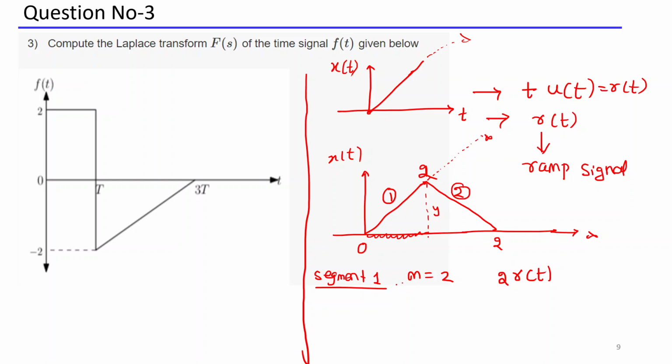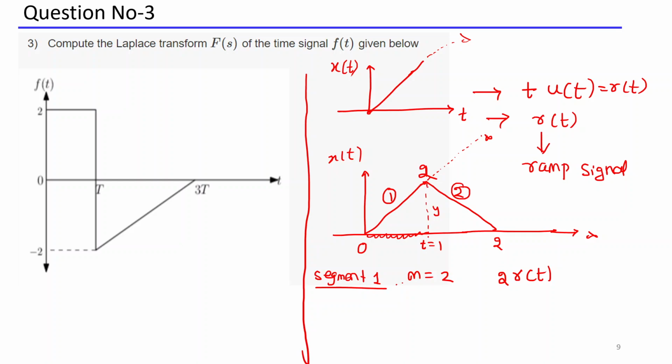The signal is going up to infinity. Previously the signal was going from 0 to infinity only. If at t equal to 1, that person is not pulling it backward, then the signal always grows from 0 to infinity with slope m equal to 2. So for the first segment, the equation of the line is nothing but 2 into r of t. 2 is the slope of the line, and r of t is t into u of t.